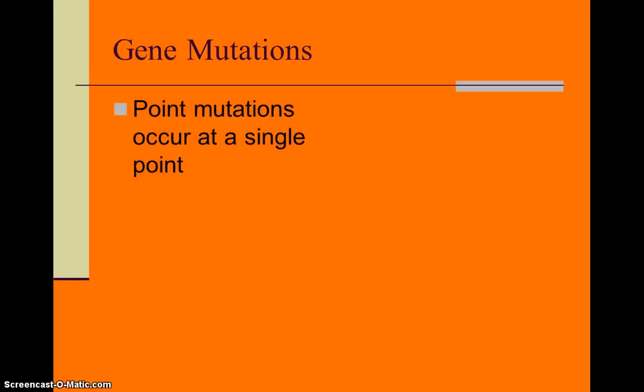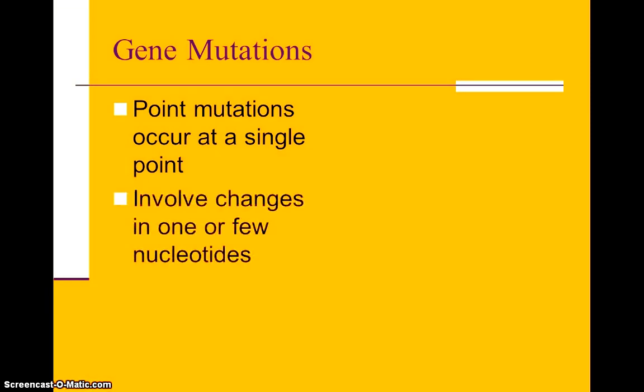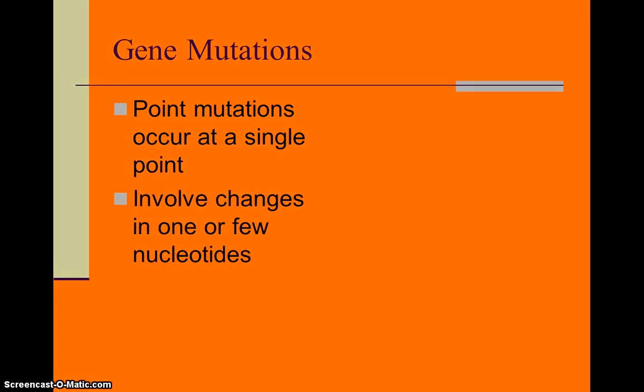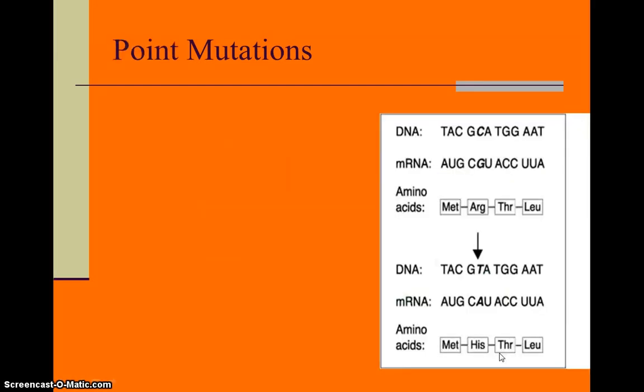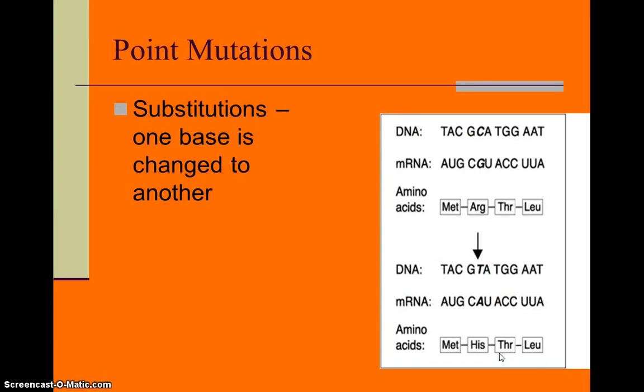Point mutations occur at a single point. They involve changes over one or a few nucleotides. So right here we have a point mutation, and instead of it being an A, it changes to a C. Point mutations are substitutions where one base is changed to another.